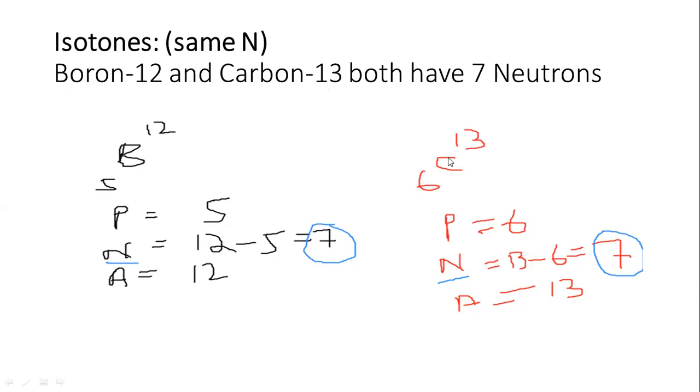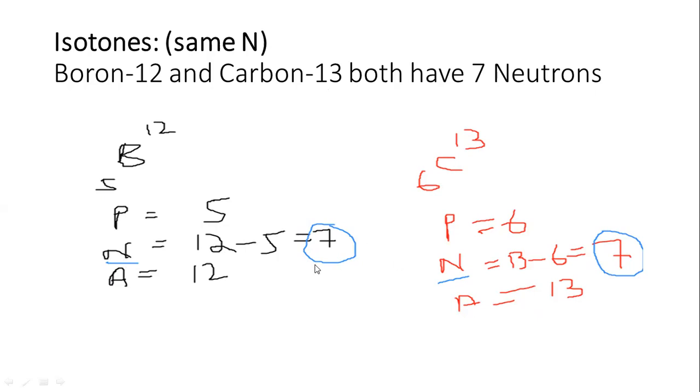And the other example is carbon 6, 13. Protons are 6 because the atomic number is 6. Number of neutrons, 13 minus 6, is 7. And the mass number is 13 as given over here. So what is the common similarity in these two nuclides? Both have the same number of neutrons. So you can say these are isotones of each other.